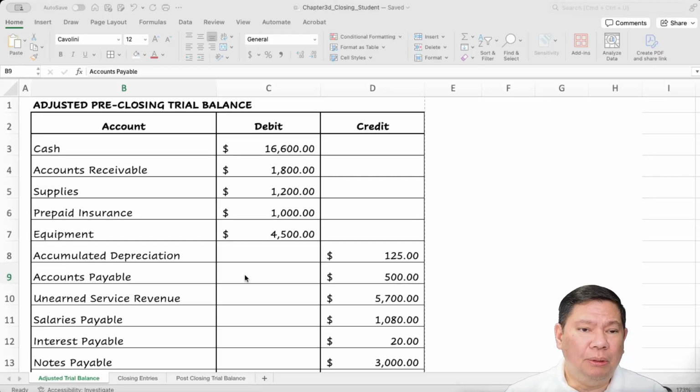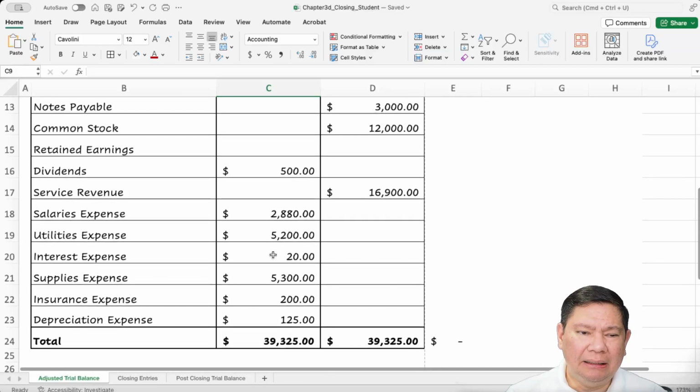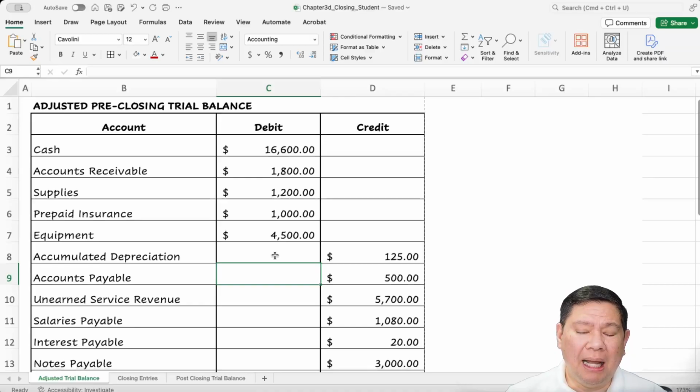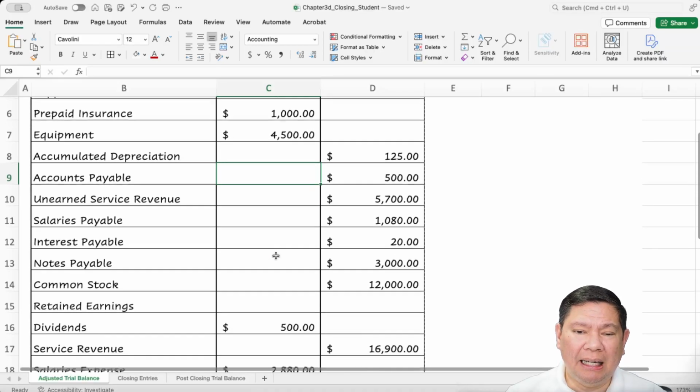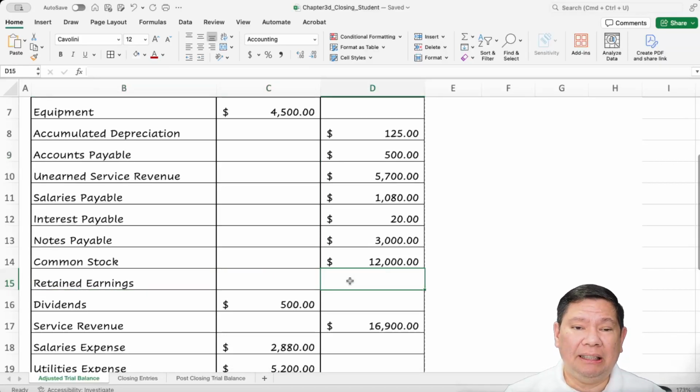Okay, so we're going to look at this pre-closing trial balance. This was the adjusted trial balance that we used to prepare the financial statements. But you see, we didn't have retained earnings here because in our example, March was the first month of operation, so there was no retained earnings.